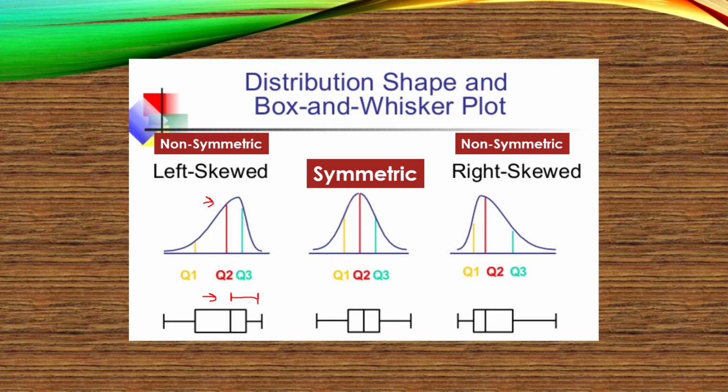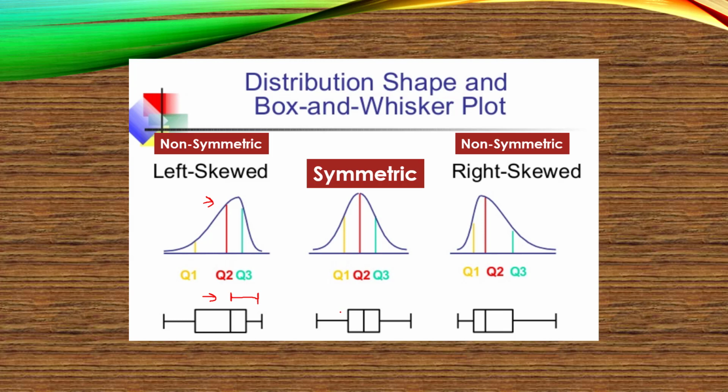All right, now when we have what we call normal distribution, we have a normal bell curve, our box tends to be more centrally located. Now, yes, it will vary if it's not perfectly normal. We've talked about that a little bit before with the bell curve.